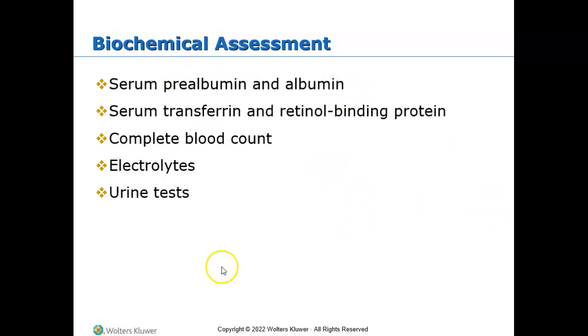Here's some different labs that can be ordered to see what the status of a person is. Prealbumin and albumin are the best indicators or labs to tell you if someone has malnutrition.